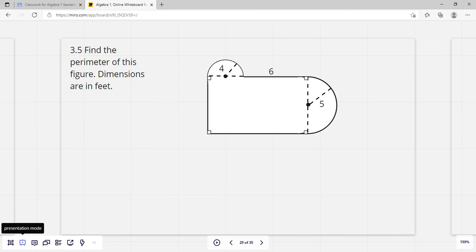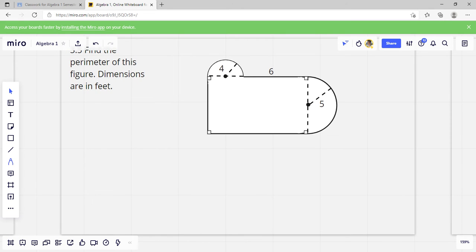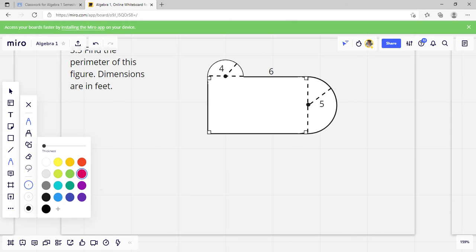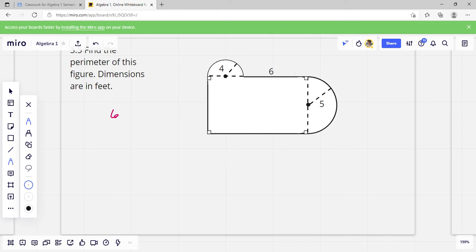Find the perimeter of this figure. Dimensions are in feet. Alright, so for this one, we've got 6 right here, but we don't know how long that bottom piece is. And we don't know how long this is. So to figure out the bottom, we need to know this piece right here, plus this piece.